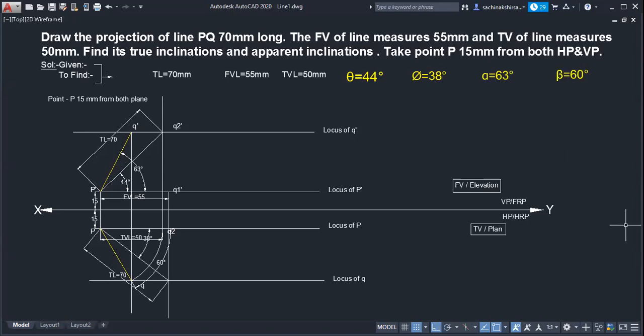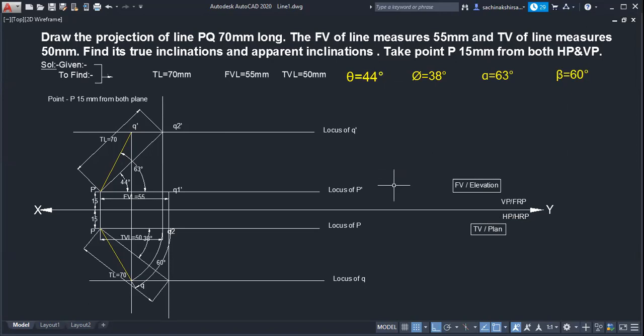So what was special in this problem? Only lengths were given. No angle was given. Four angles we were supposed to find, and three lengths were given. So what did we do? We drew the apparent lengths parallel.